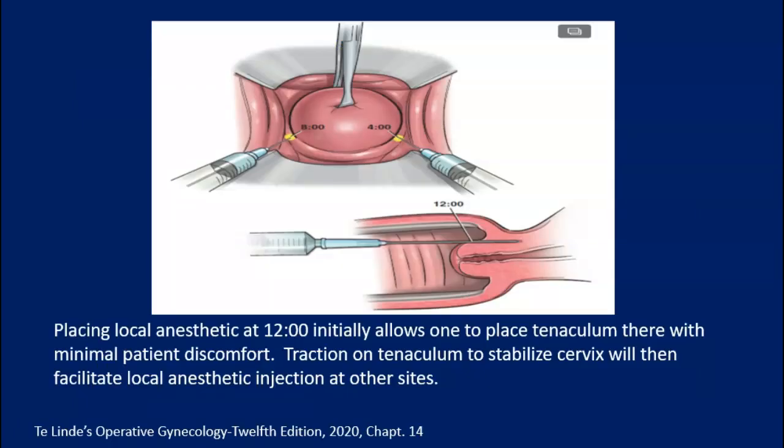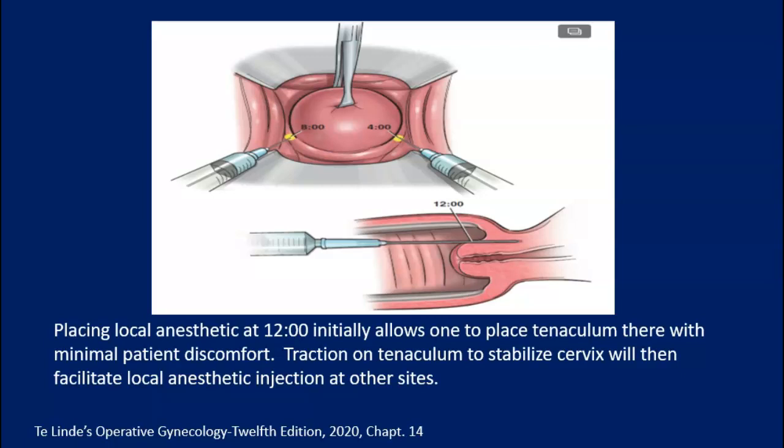This just demonstrates the placement of a paracervical block. Initially, one should put a small amount of anesthetic, and usually with diagnostic procedures, one would use only plain local anesthetic like 1% lidocaine. With some procedures where perhaps the cervix is felt to be more vascular, one could also add dilute epinephrine to the lidocaine solution.